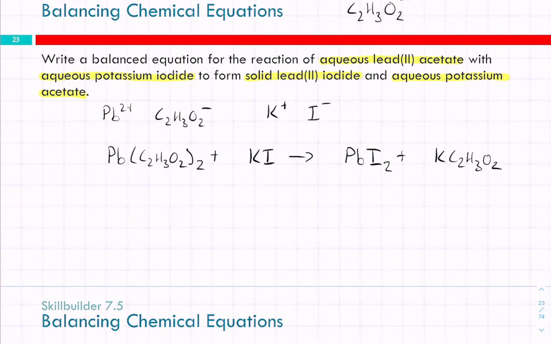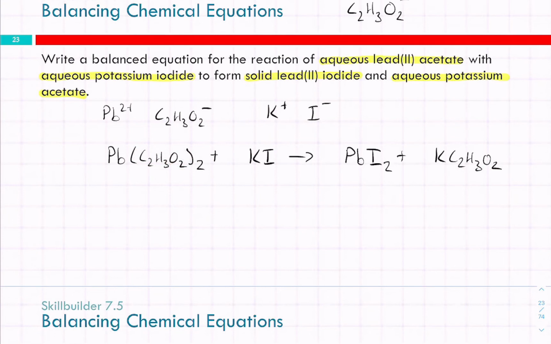And then this is also where I was talking about treating polyatomic ions as if they are a single element by itself. Right? So don't try to balance in this problem the number of carbons, hydrogens, and oxygens separately. It makes it a lot easier if you treat acetate as 1 unit because it acts like 1 unit. So if we balance acetate on one side, acetate will be balanced on the other side.